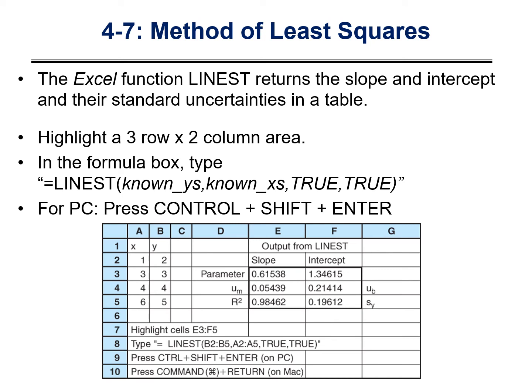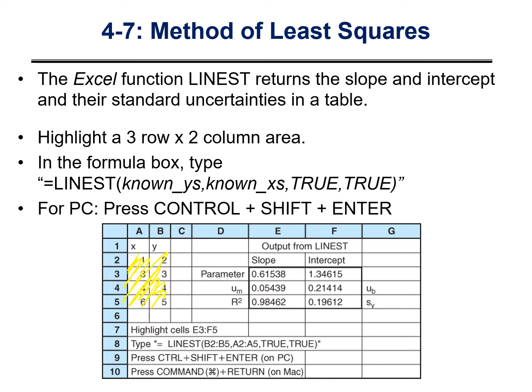You would highlight the columns and rows that you wanted to do least squares with. Then in a box far away, you would type in equal sign LINEST, open parentheses. Then you would do the y's, comma, known x's, comma, true, true.